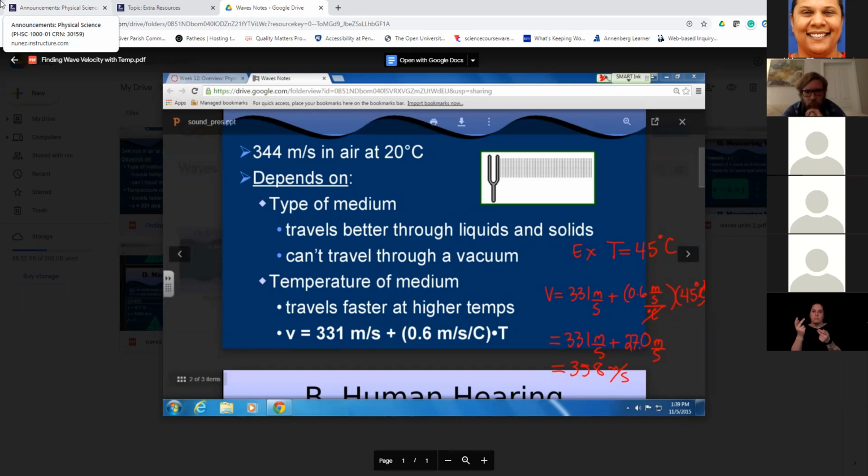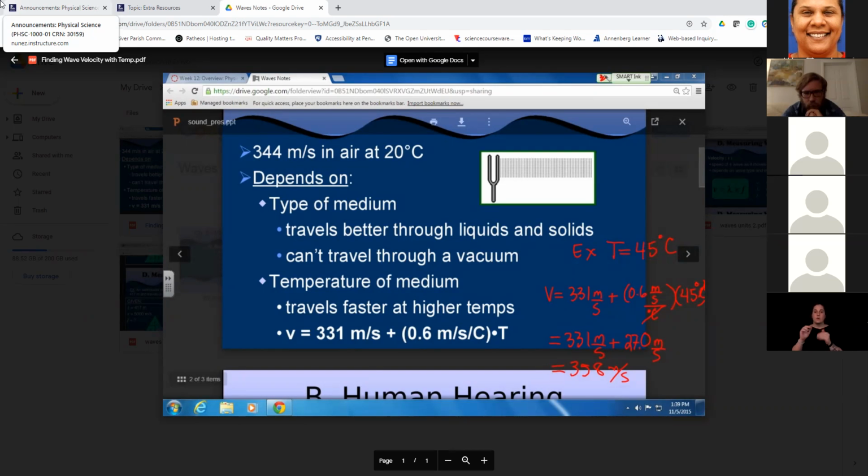Well, the 331 is our baseline, so we keep that. And then we add to it 0.6 times 45. That gives me 27. And notice there that the degrees Celsius are going to cancel out. And I'm left with a unit meters per second. So 331 meters per second plus 27 meters per second gives me 358 meters per second.